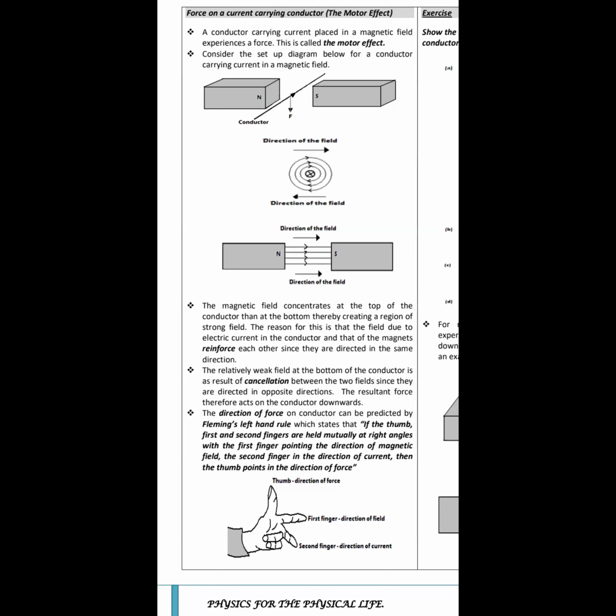Someone to show how you will hold your hand such that, from this diagram, the magnetic field is pointing towards the south using the motor rule or Fleming's left-hand rule. You must test.